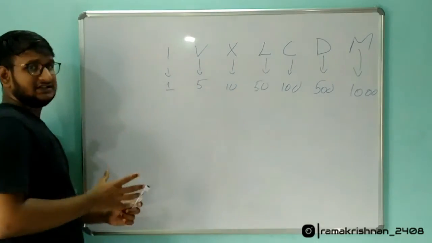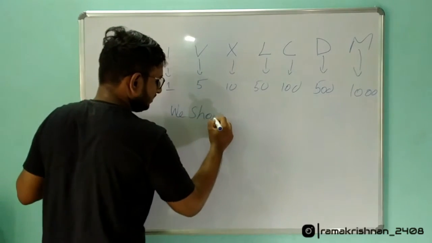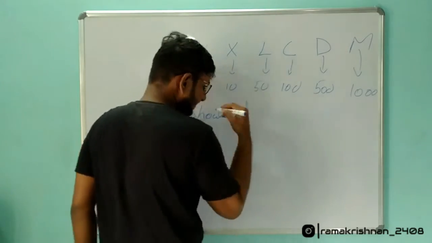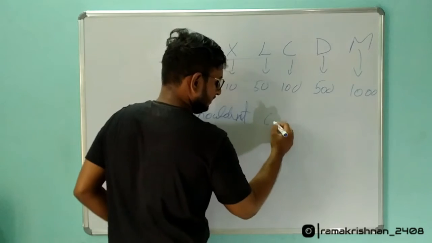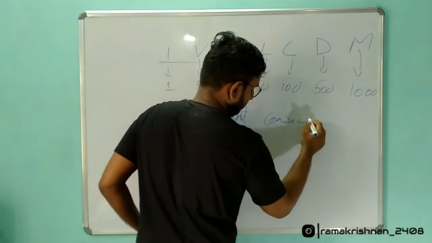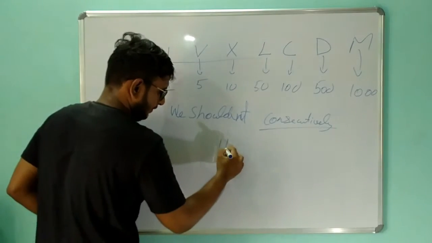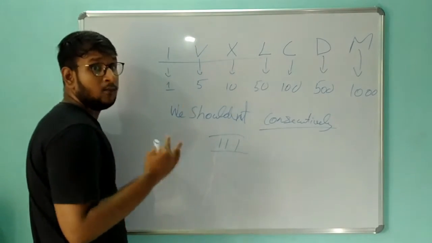The property is that in Roman numerals, we should not use any symbol consecutively, and the more important word is consecutively, in the sense of repeatedly, more than 3 times.